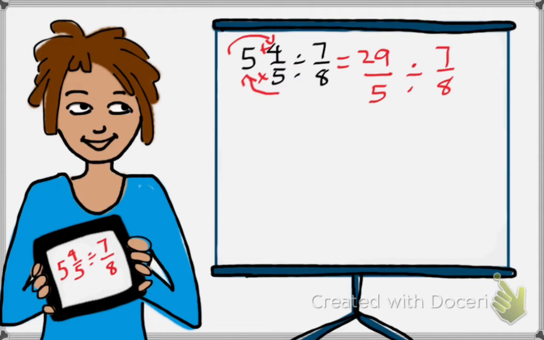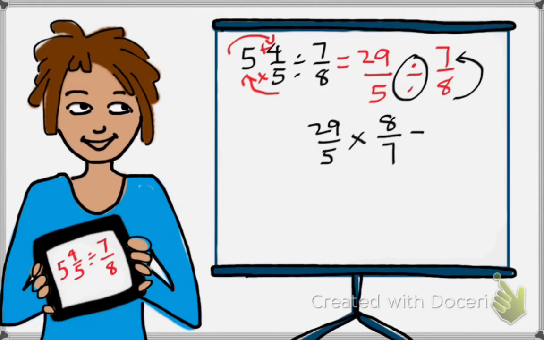Then keep our fraction 29 over 5 and change our division sign into a multiplication sign. So times, and get the reciprocal of 7 over 8. So it becomes 8 over 7.